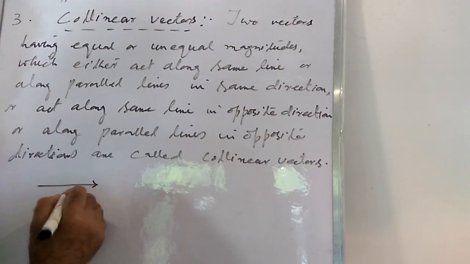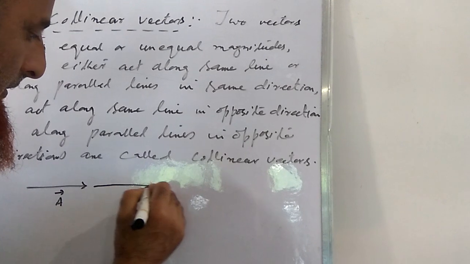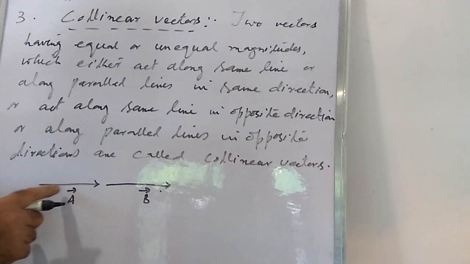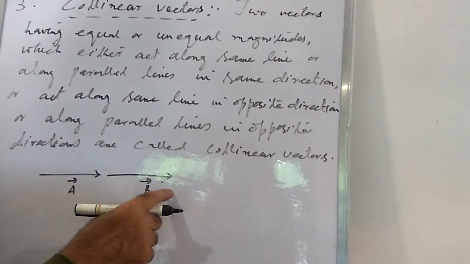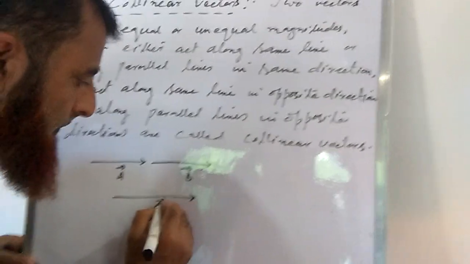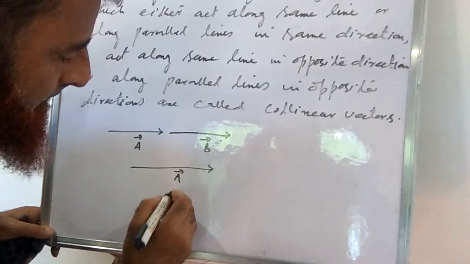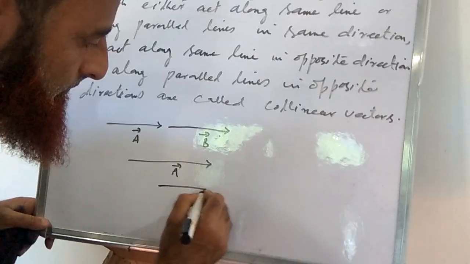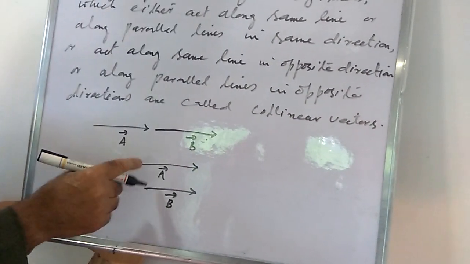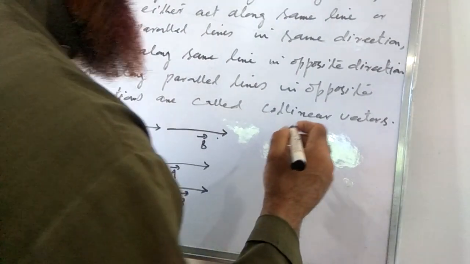For example, here A, they are having the equal magnitude and act along the same direction. And second, they act along the parallel lines having unequal magnitudes.